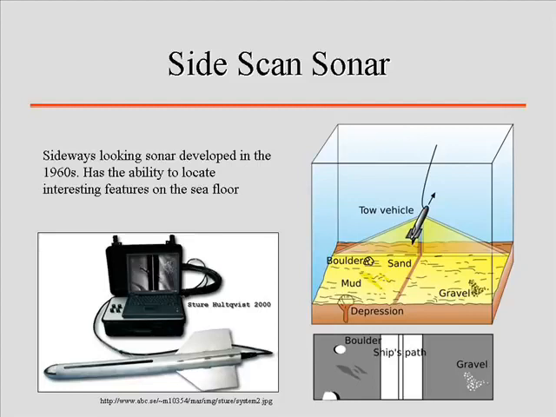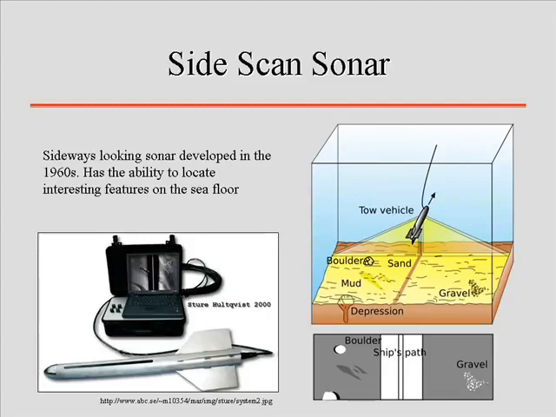What you do is you tow a fish behind a boat, so that line leads to the boat at the surface. This fish, and it's basically a torpedo-shaped object, has transmitters and receivers built into it. Now, instead of looking straight down, as most transmitters do, these things actually beam signals off to the side, hence the term side scan sonar.